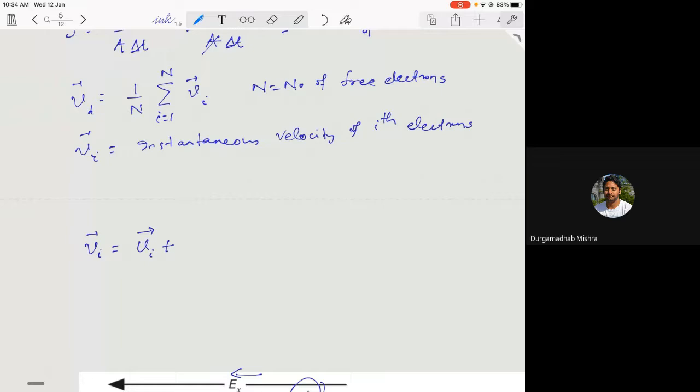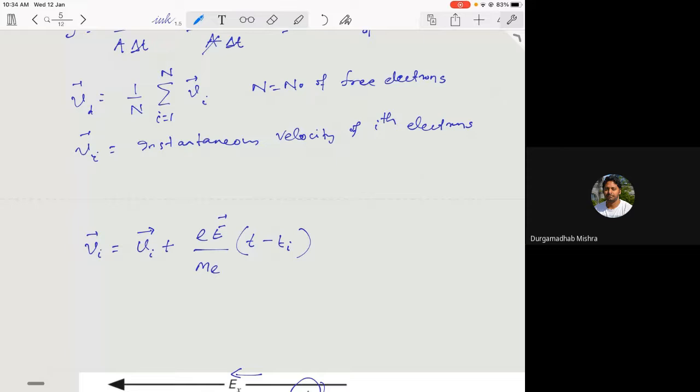This collision will give an instantaneous velocity v, which will be equal to ui plus, since we have an electric field E, e E by m into (t minus ti).